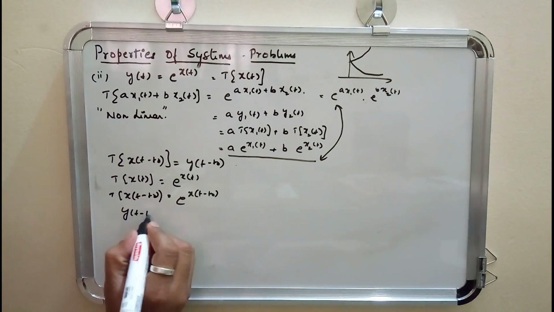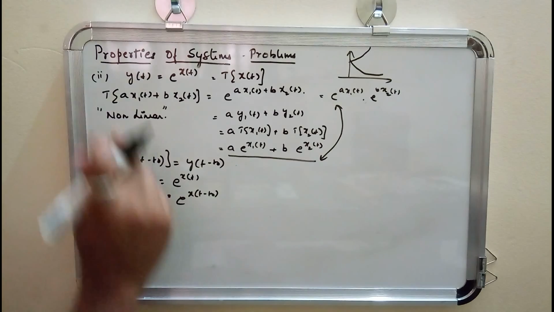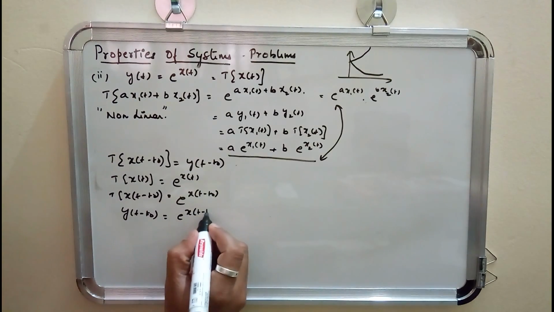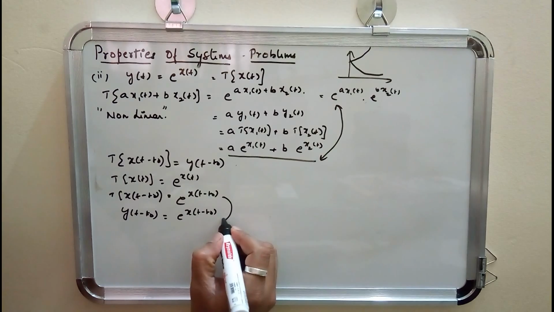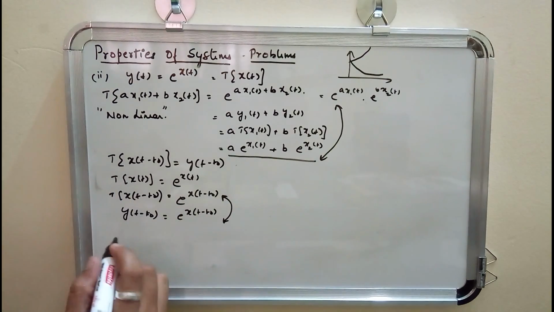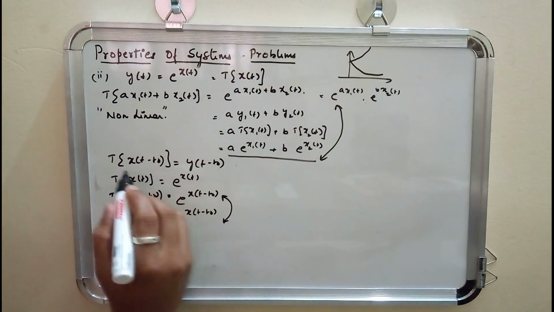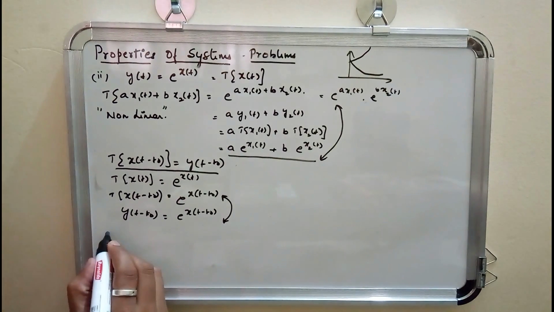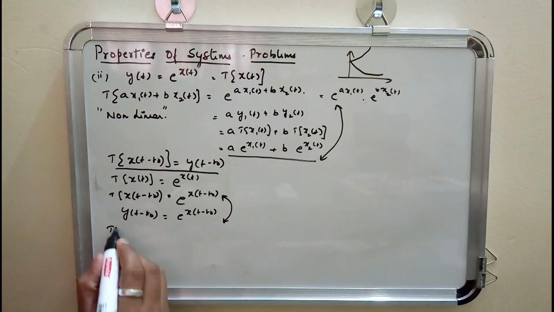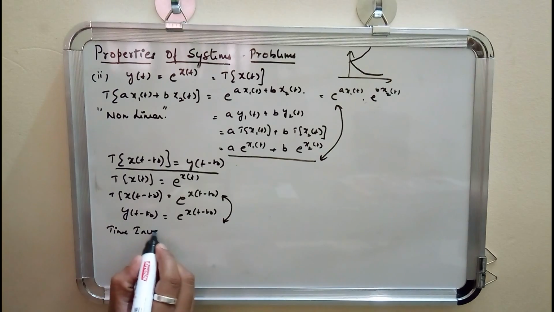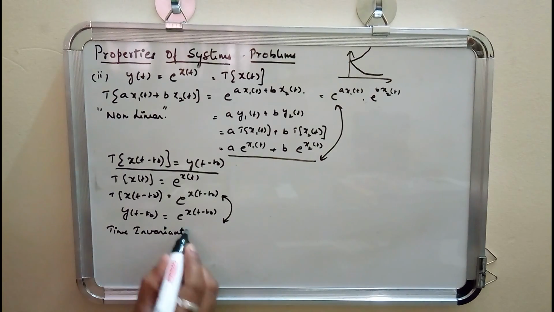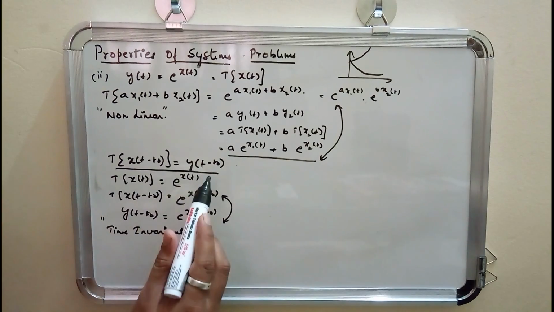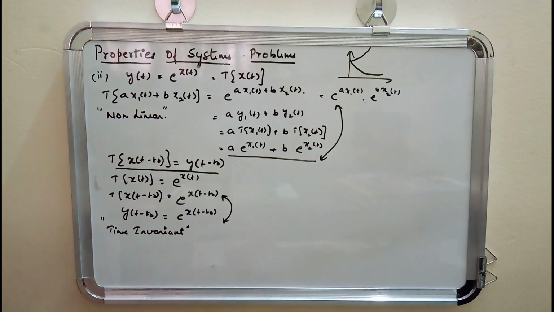Replacing t by t minus t naught, it is exponential of x of t minus t naught. Now these two are equal, so this condition holds good and the system is time invariant, meaning if there is a shift in the input, there is a corresponding shift in the output as well.